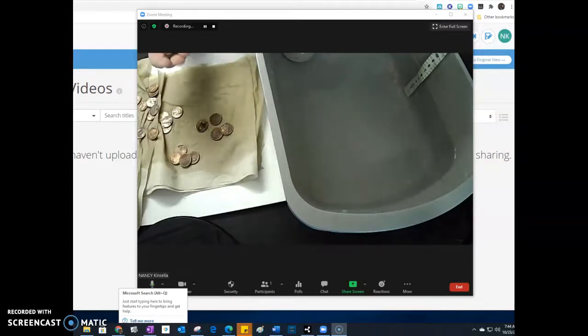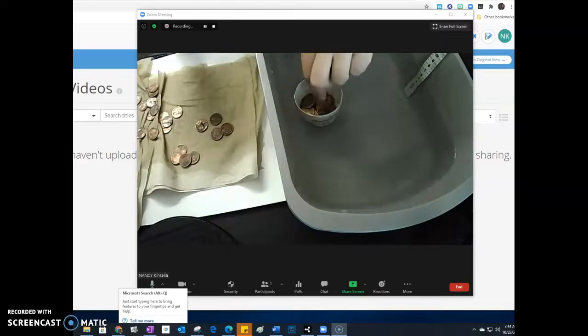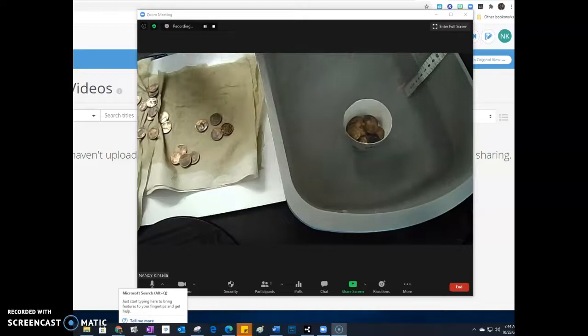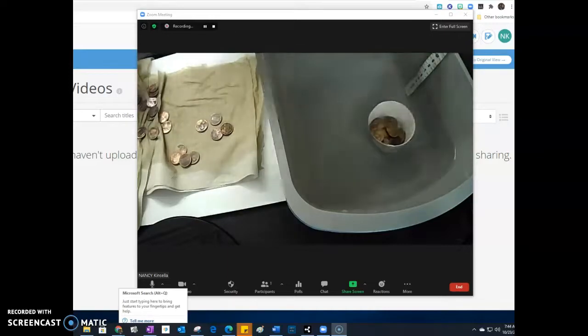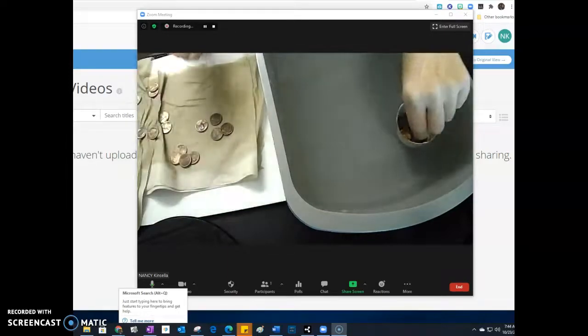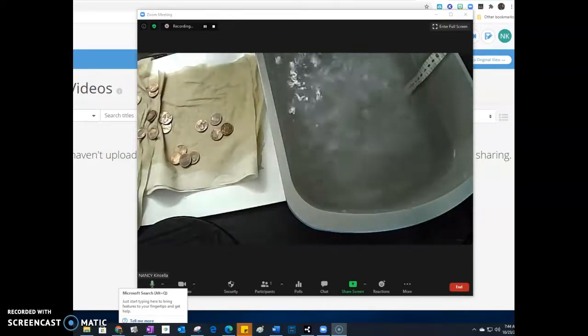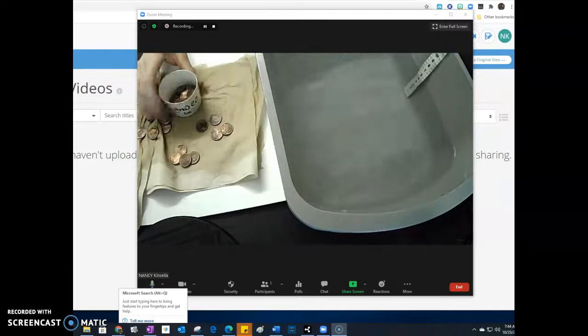I'm trying not to disturb data by moving the boat. 24, 25, 26, 27, 28, 29, 30, 31, okay, 30. And there's your data.